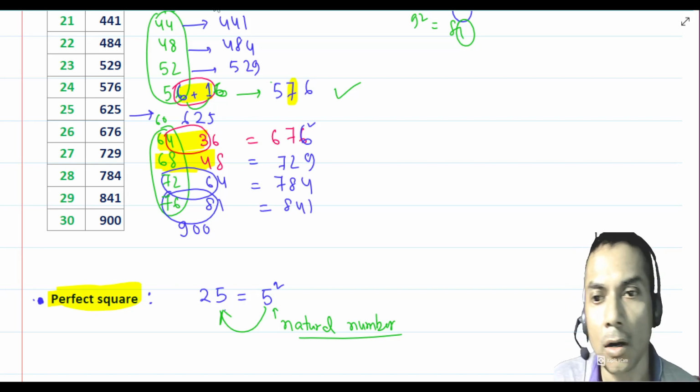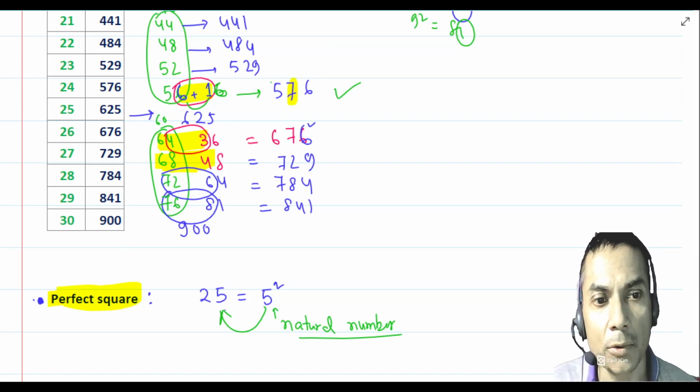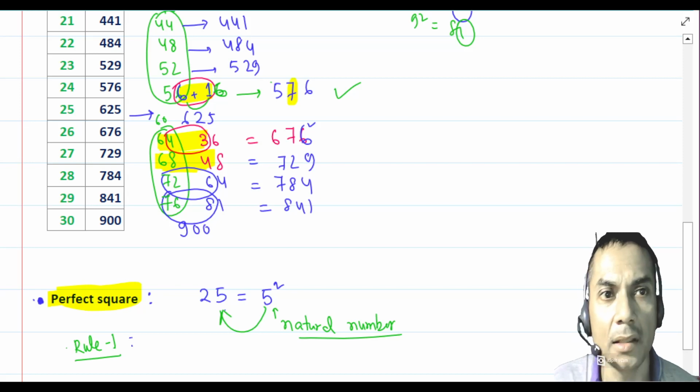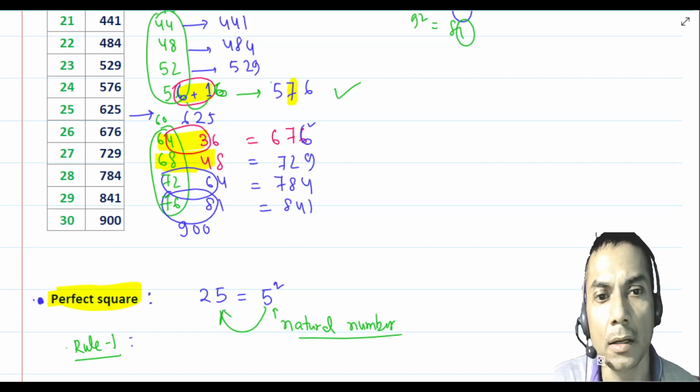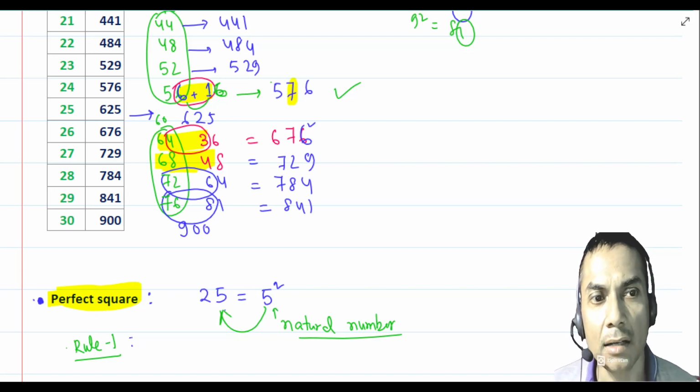Now, how can we find out whether any number is a perfect square? There are a few rules we have to remember. The first rule: if any number has the units place 2, 3, 7, 8, it is not a perfect square.